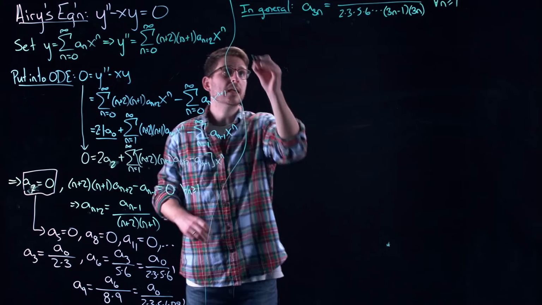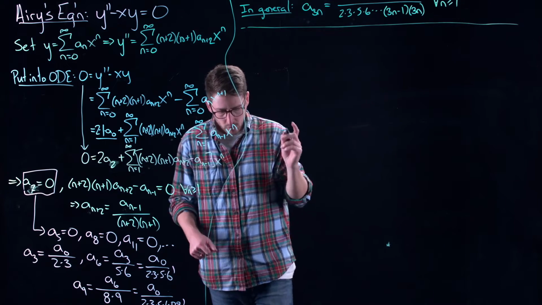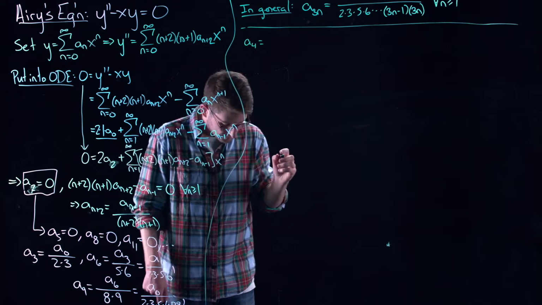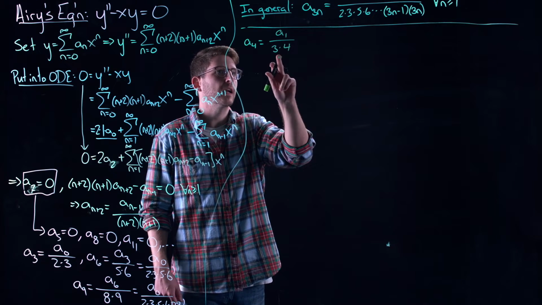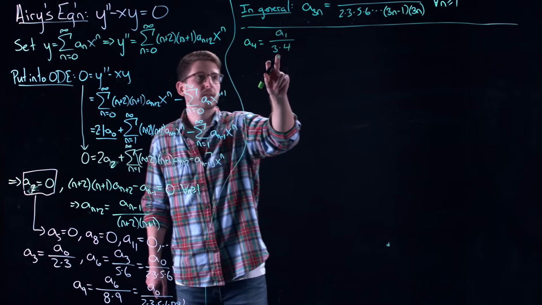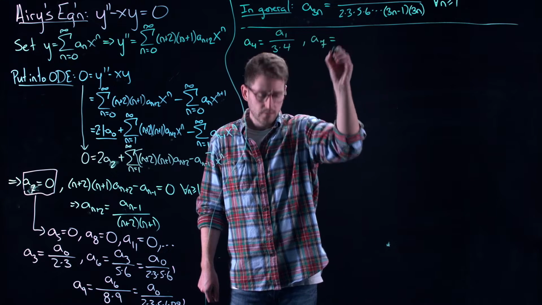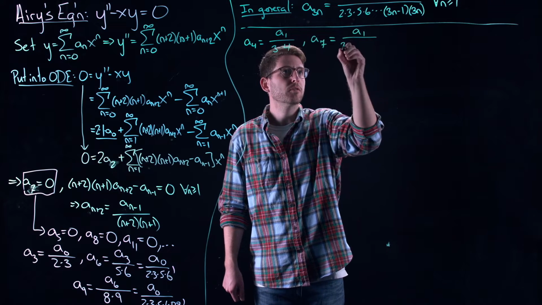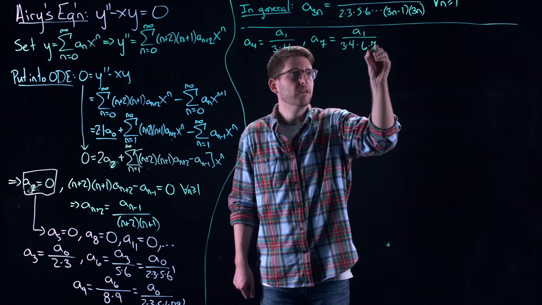Okay, so in the same vein, you can do this for A4. So A4 becomes A1 divided by 3 times 4. We're going to have these gaps again, so I'm going to write them in ascending terms. A7 is going to be A1 divided by 3 times 4 times 6 times 7. So we're missing 5 now.